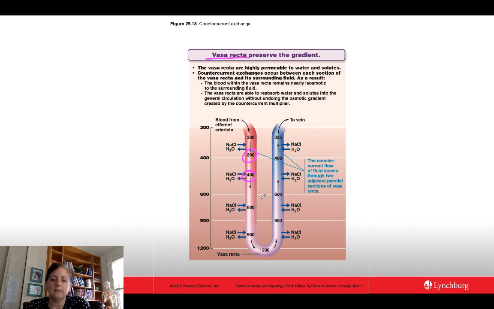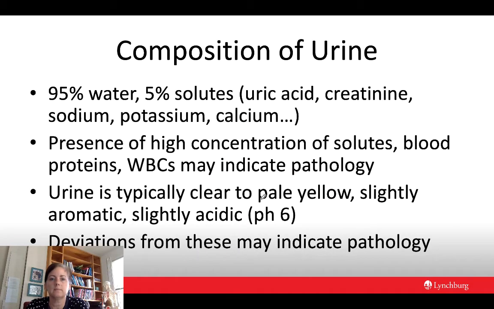You might see that written in your textbook, that the vasa recta preserves the gradient, and that's what that means. So they're highly permeable, and they basically stay the same osmolarity in the capillary as the extracellular fluid.